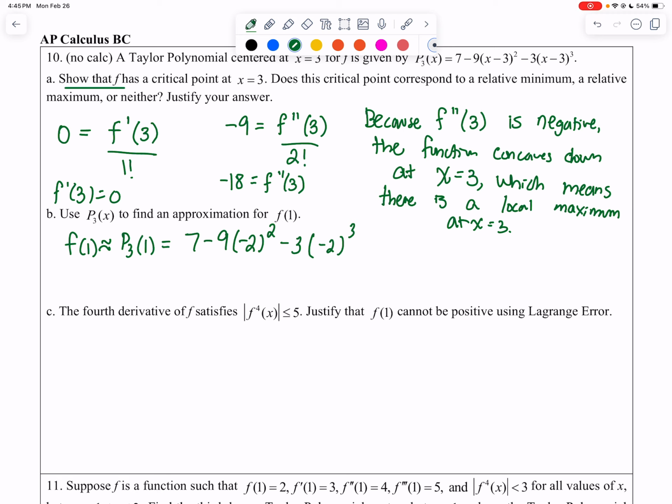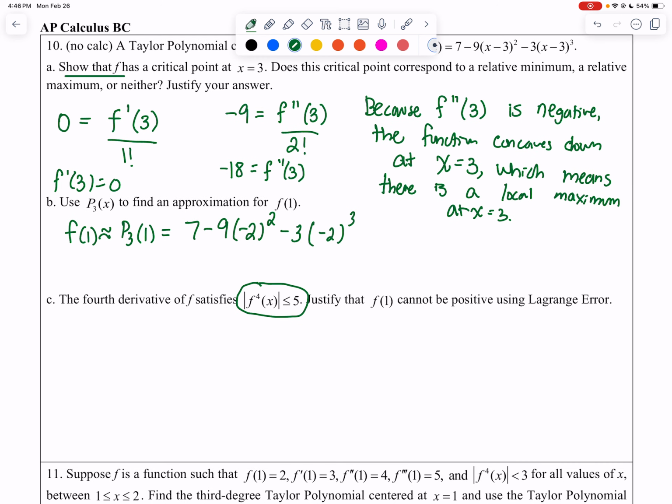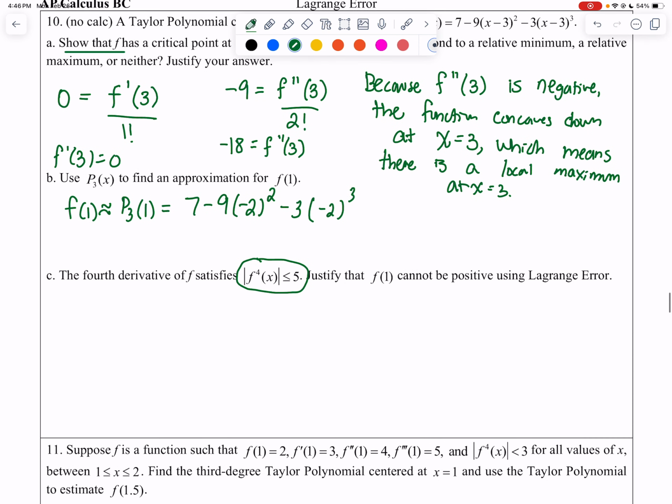Okay, part C. The fourth derivative of f satisfies this lovely thing right here. So notice that they gave you this, which is very good because whenever we're doing my error, I know that my maximum is going to be 5. Part C says justify that f of 1 cannot be positive using Lagrange error.